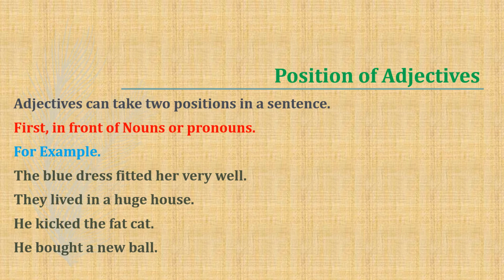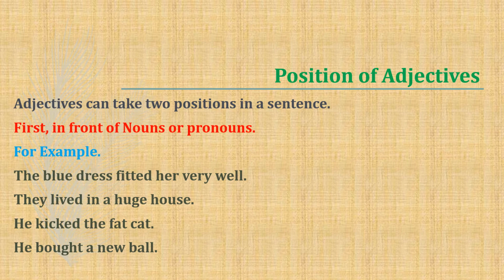And lastly, he bought a new ball. We have said that the first position or place where an adjective can be used is in front of nouns or pronouns. Can you identify the nouns or pronouns before we identify the adjectives?